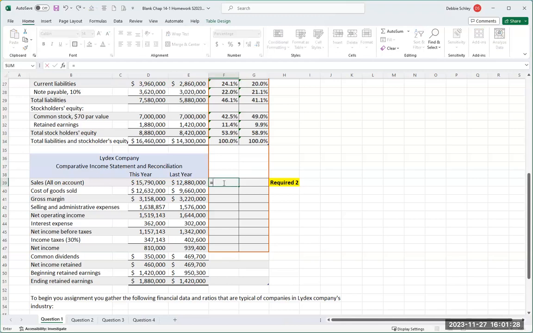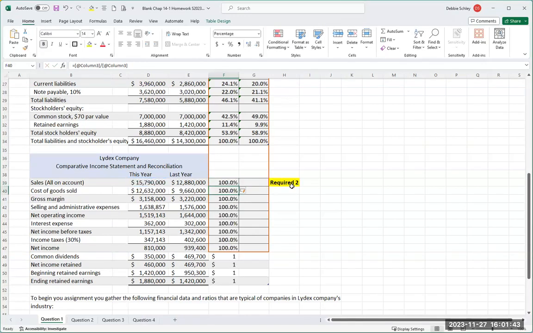So this equals this year's total sales divided by this year's total sales. Only I'm going to anchor that second one, maybe. Not. Huh. It's not what I wanted it to do. Let's try that again.